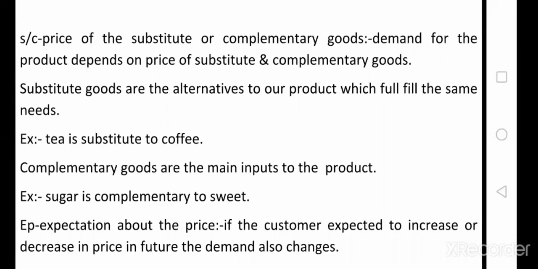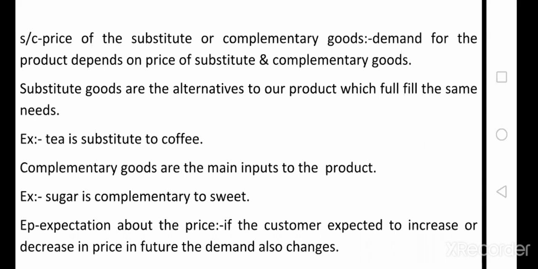If the tea price is high compared to the coffee price, customers move to coffee, because the price of coffee is less than tea. In some situations, if the coffee price increases, customers are ready to purchase tea. So this is a substitute good. Tea is a substitute to coffee, or coffee is a substitute to tea.